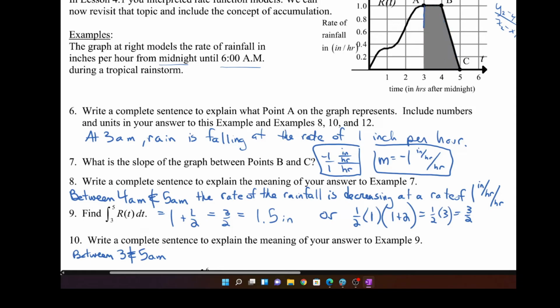Now, notice in an hour, an inch of rain fell because we're going in inches per hour. Okay, so this actually makes sense, I think. Anyway, so between 3 and 5 a.m., once we add in this 1 and then we add in this 1/2, we should get 3/2. A total of 3/2 inches of rain fell.